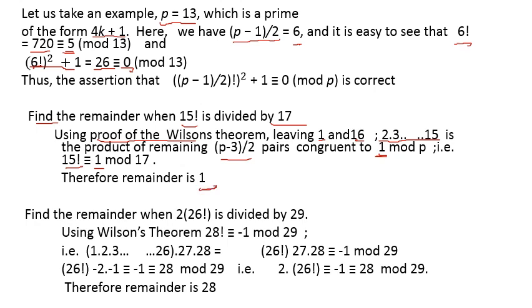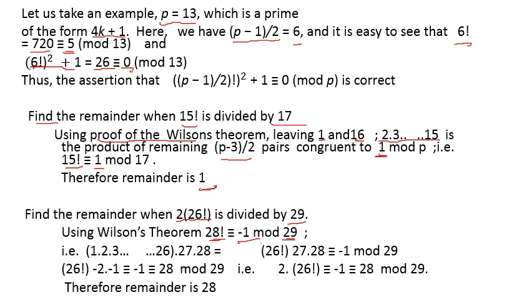See another problem on the same line. 2 into 26 factorial, when you divide by 29, what is the remainder? Same method as the proof of Wilson's theorem. See, 28 factorial, that is 1 less than 29, and 29 is a prime number, so it is congruent to minus 1.